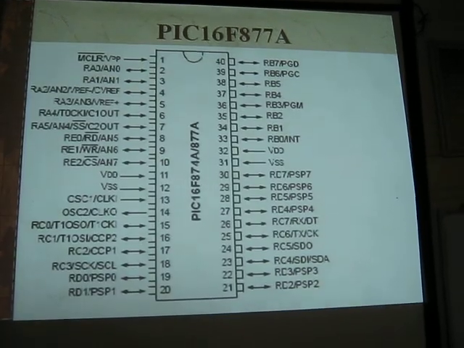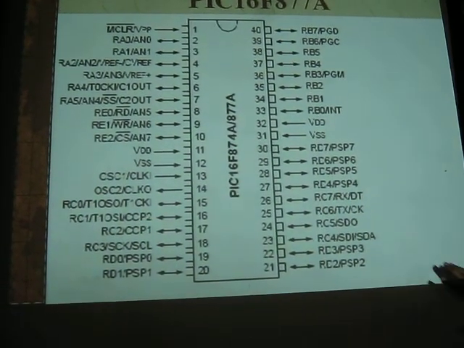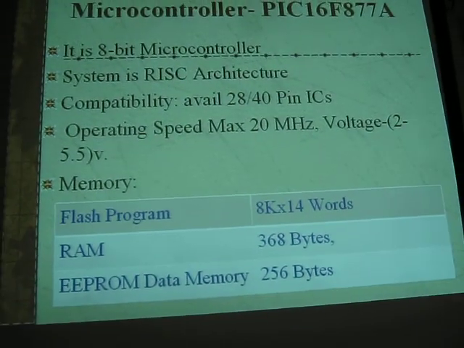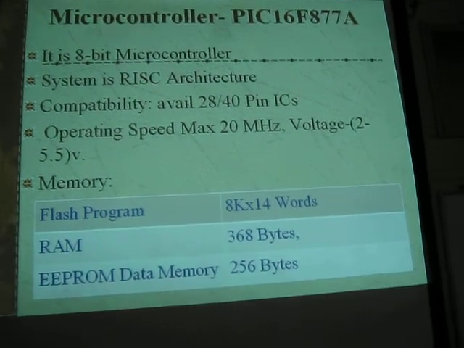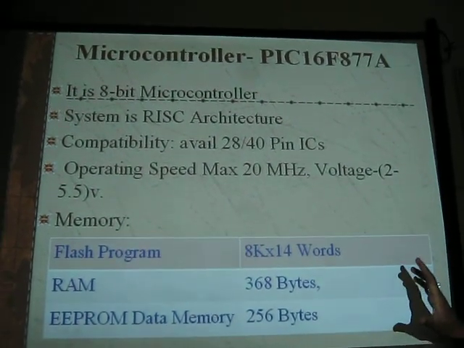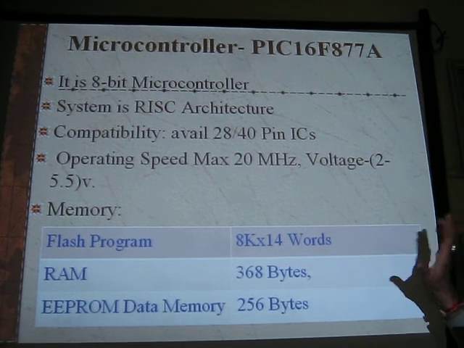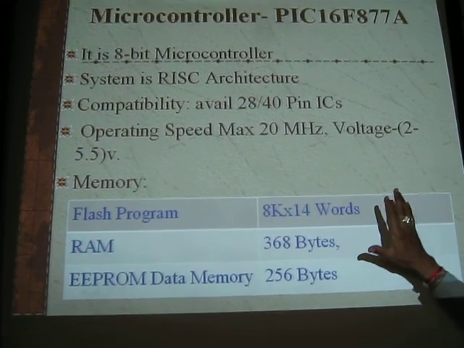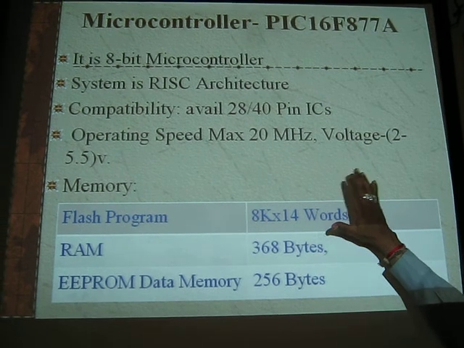Next. This is the pinout diagram of the PIC 16F877A microcontroller. Next, the features of this PIC microcontroller: it is an 8-bit microcontroller, with RISC CPU, that is reduced instruction set computer. Compatible with 20 to 40 pin IC. The operating speed of this microcontroller is 20 MHz.